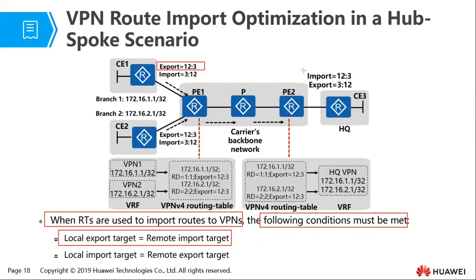So in the headquarters, the remote import target must be 12:3. On the other hand, the local import target should be equal to the remote export target. So you can see that. Okay, so let's move on.